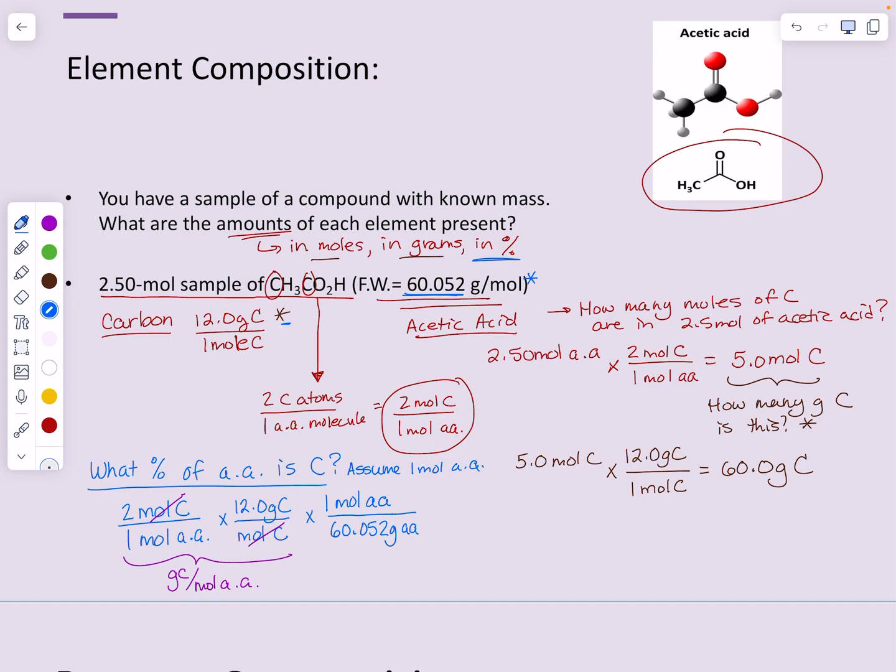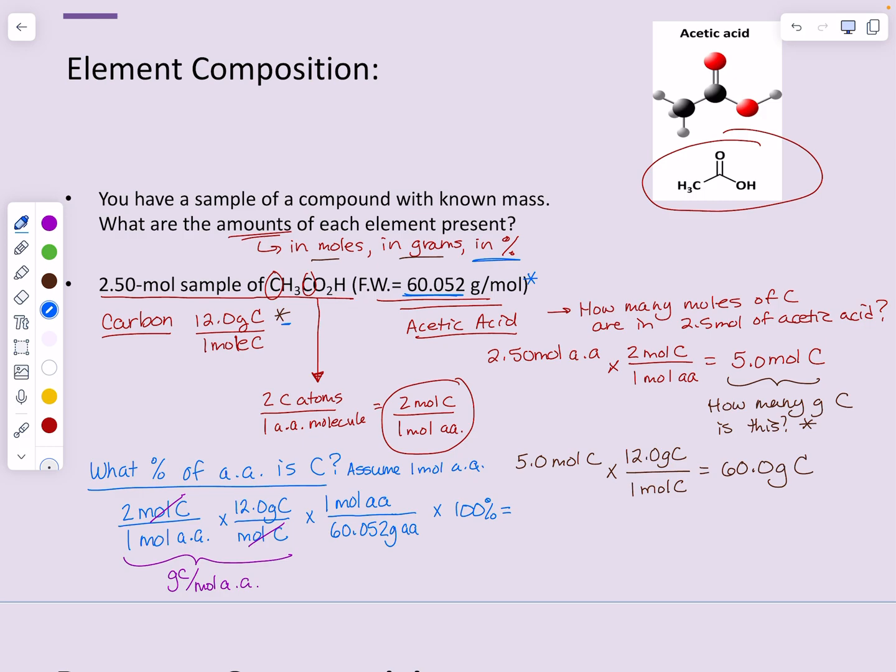Okay? So I'm going to have grams of carbon divided by grams of acetic acid. That gives us the fraction. And I'm just going to multiply it by 100% to figure out what percentage of that total mass of the molecule is due to the carbon.